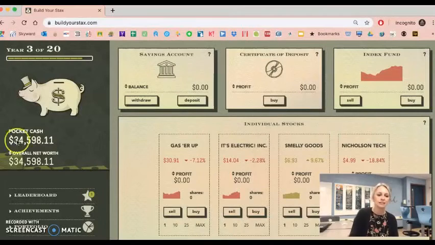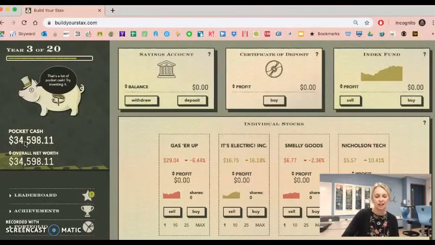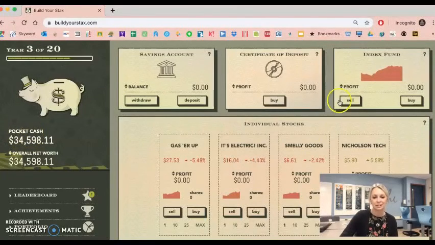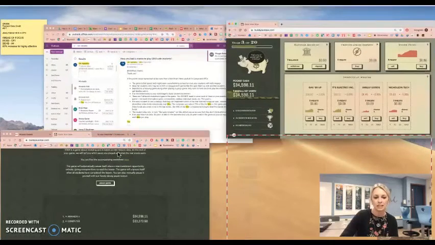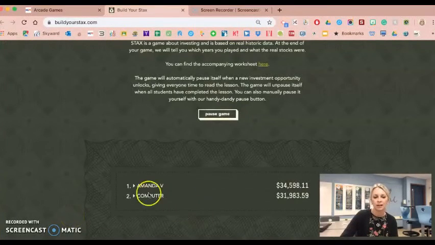Invest that money. Invest the money. So I will go around and cheerlead them through the simulation as I point at their screens, and that also pushes them in. You can see now you can buy and sell individual stocks in this, and we're on year 3 of 20. Again, I'm going to flip back to my teacher board. The teacher board just has the leaderboard, and Amanda has taken a little bit of a lead.